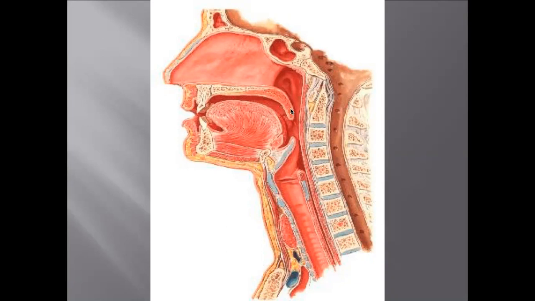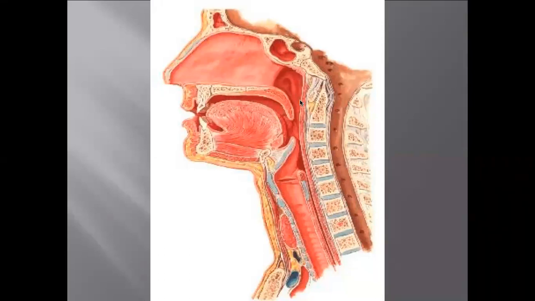How are we looking at this picture? It is the picture where we have taken a sagittal section of the cranial cavity, including head and neck. The entire head and neck, we have taken a sagittal section and we are looking at one half of the pharynx from inside. We can see that it is broad at the upper end, where the roof is formed.